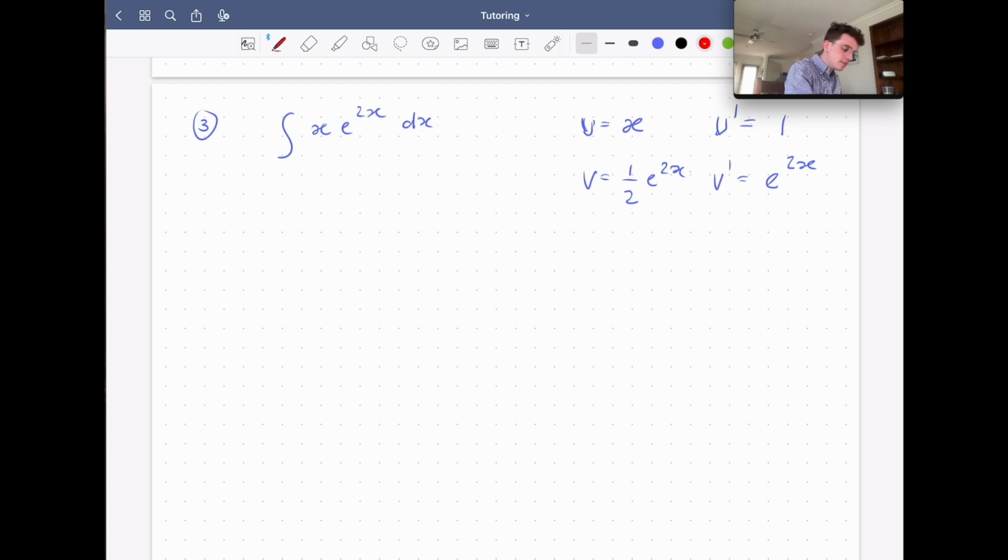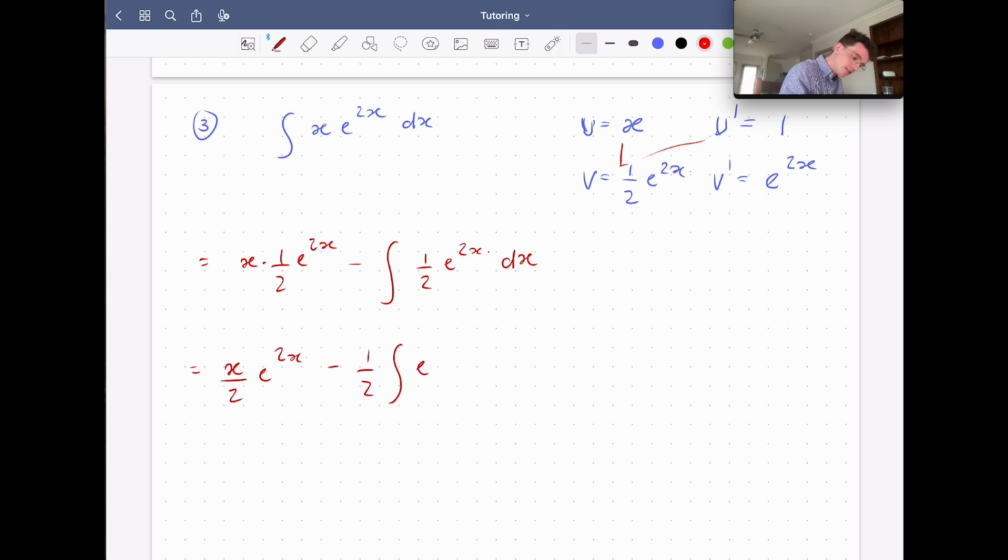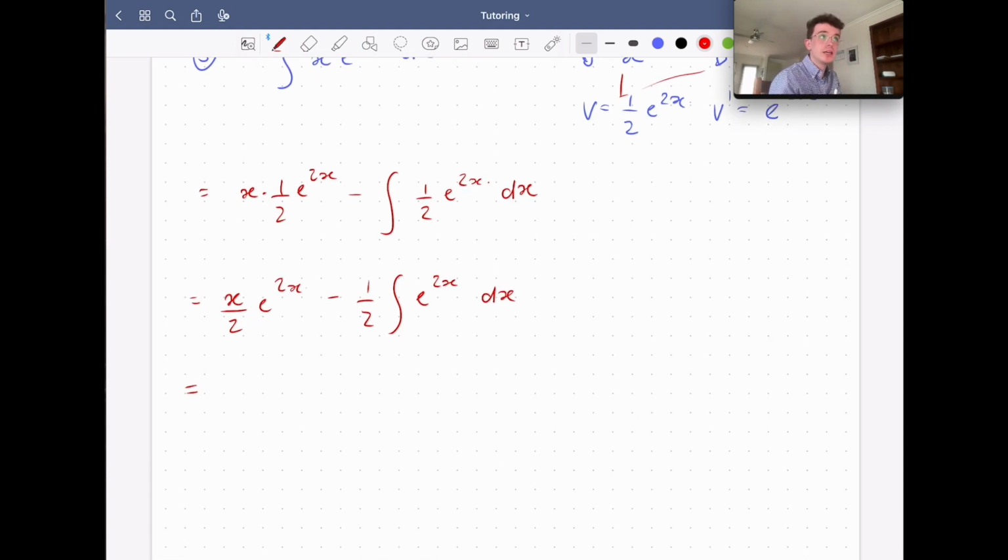So following our tick method, it's going to equal x times 1/2 e to the 2x minus the integral of 1 times 1 on 2 e to the 2x. So we've got x on 2 e to the 2x minus 1/2 times the integral of e to the 2x dx. Now we should all know that the integral of e to the 2x is 1/2 e to the 2x.